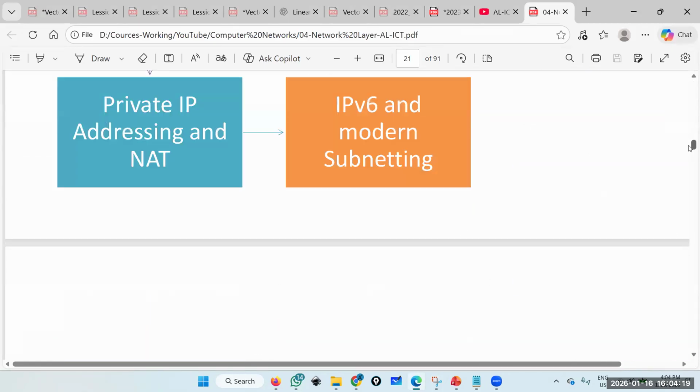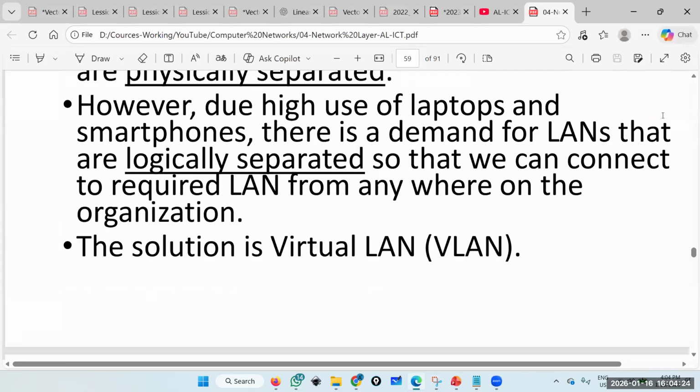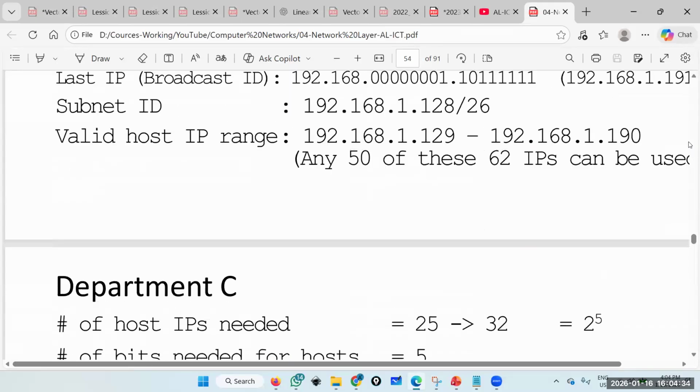Right. So let's straight away go into our question. So now you know how to build fixed size subnetting. That means it's between always 32 to 64 or 16 to 32 and so on, right?